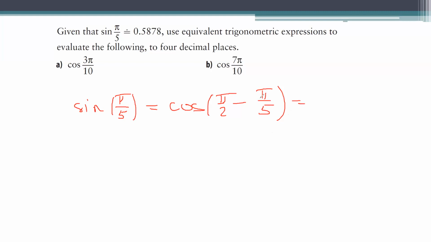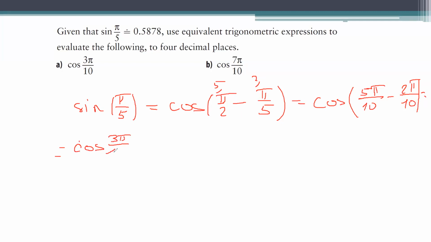In brackets, in order to perform this operation, we multiply this by 5 and this by 2 in order to bring the common denominator. Then cosine of 5 pi over 10 subtract 2 pi over 10 would give us cosine of 3 pi over 10.